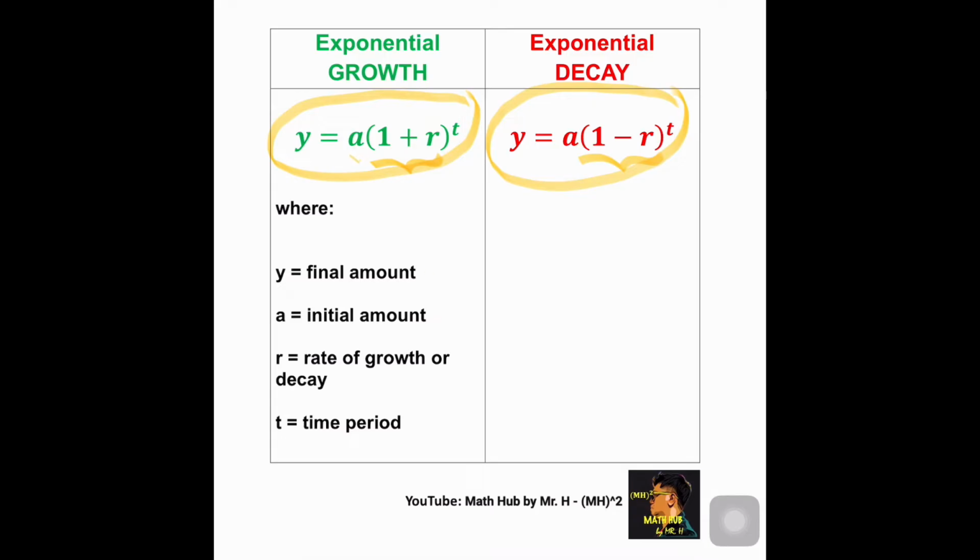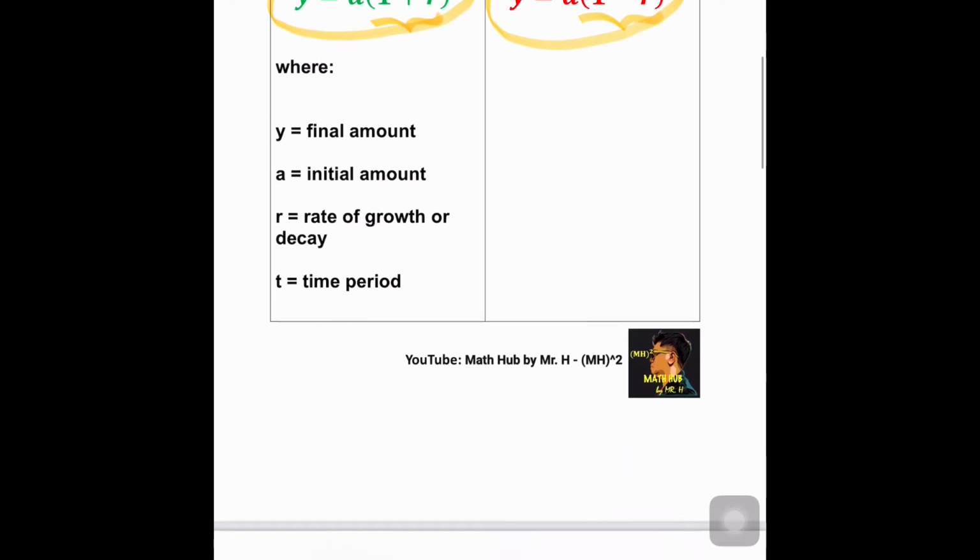A refers to the initial amount or initial value. r represents the rate of growth or rate of decay, and t is the time period. Let's take a look at example number one.